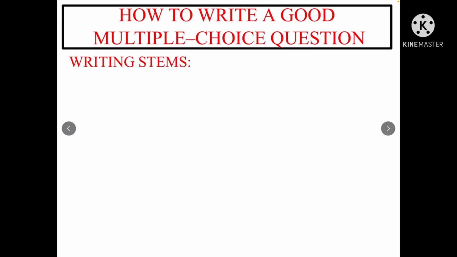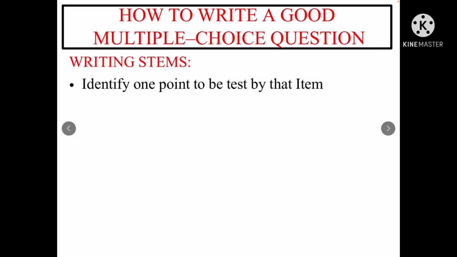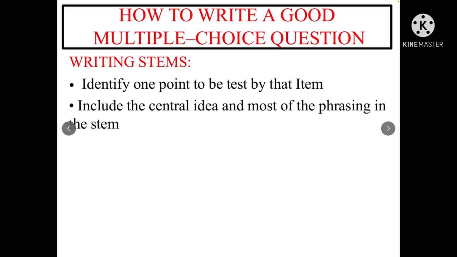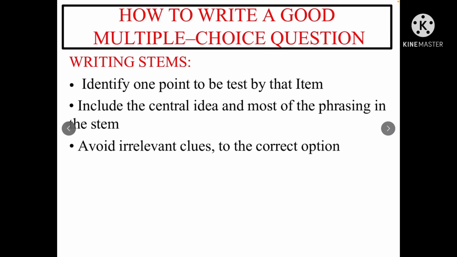Moreover, the student has to know exactly what is being asked. The student should not have to read alternatives to understand the question. The main points we should focus on while writing the stem are: identify one point to be tested by that item, include the central idea and most of the phrasing in the stem, avoid irrelevant clues. We'll have some examples afterwards.